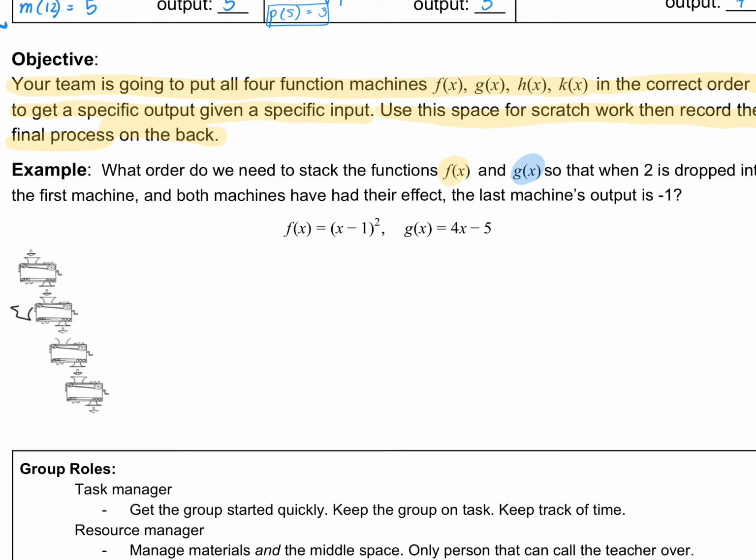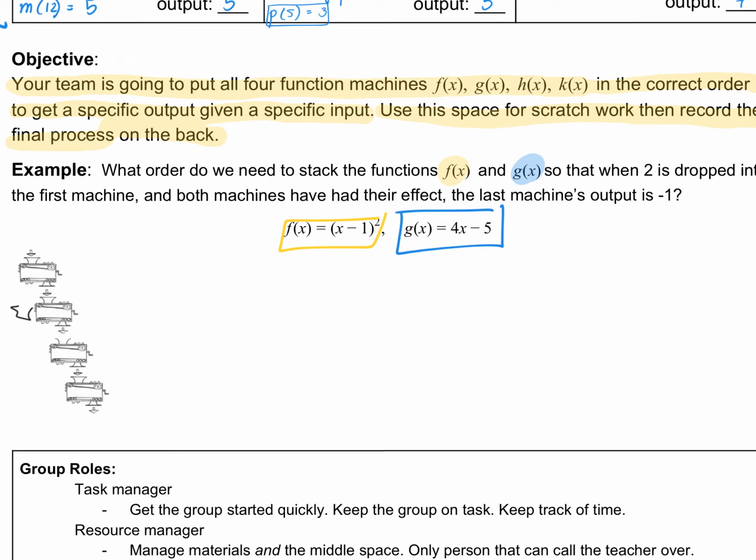So first, I'm going to recognize what my functions are. In this case, f of x is equal to (x minus 1) squared, and g of x is equal to 4x minus 5.